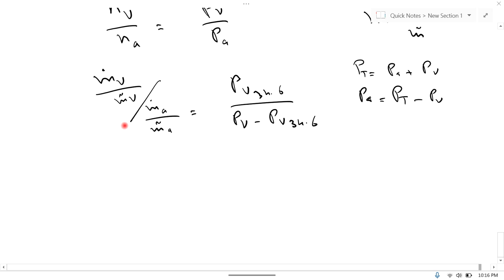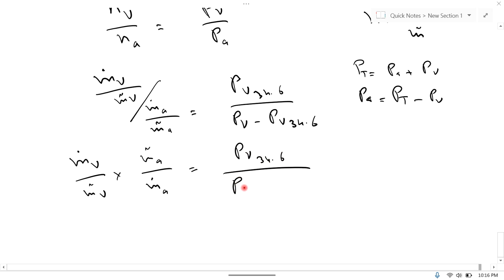Now rearrange this equation. M dot V divided by molar mass of vapor. This is in double division. So in double division, molar mass of air divided by mass flow rate of air is equal to PV at 34.6 divided by P total minus PV at 34.6.